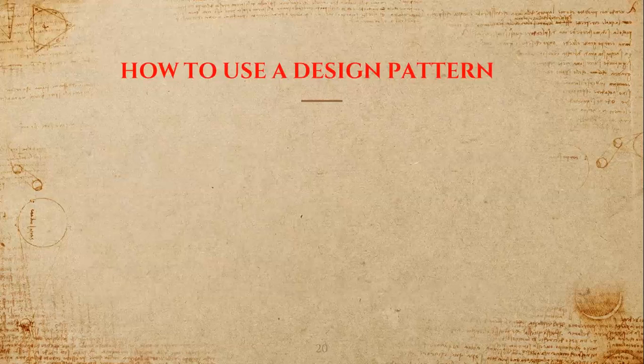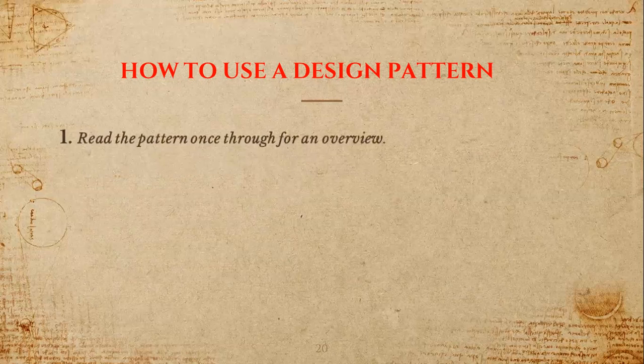For that, we need to follow a step-by-step approach to apply a design pattern effectively. In the first step, we read the pattern once through for an overview. Here we pay particular attention to the applicability and consequences sections to ensure that the pattern is right for our problem.